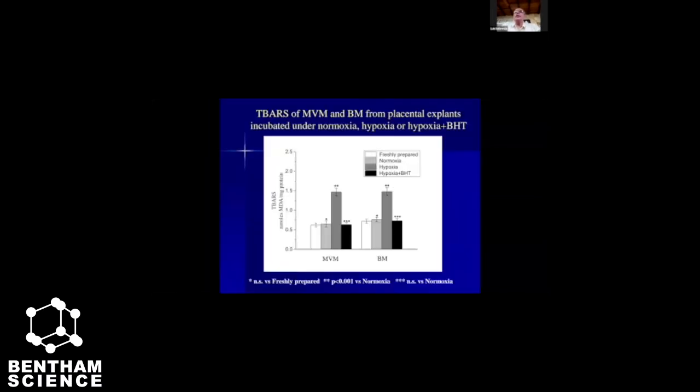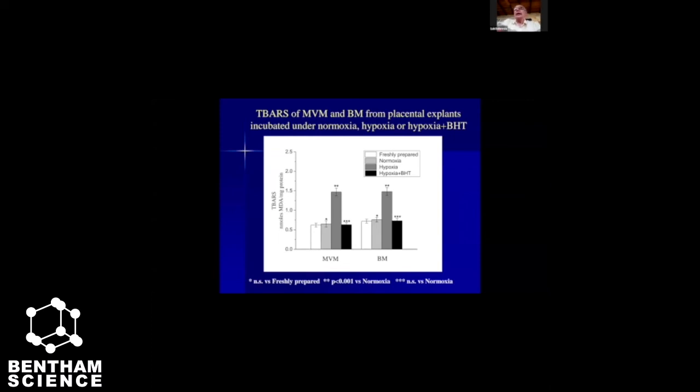As you can see in this table, the level of lipid peroxidation, measured as thiobarbituric acid reactive substances or TBARS, is higher for both membranes when the explants were incubated under hypoxia condition.